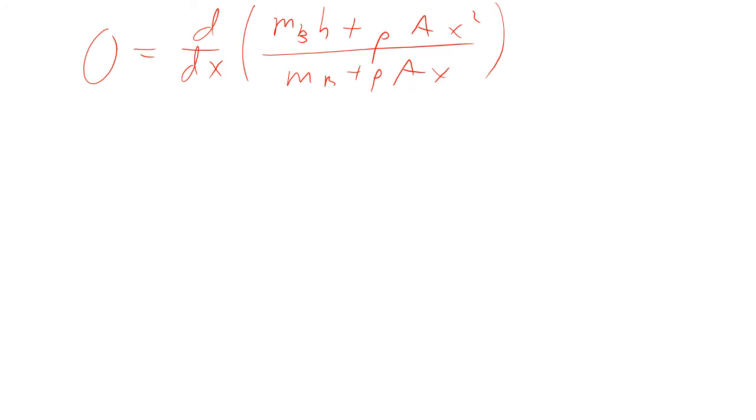So for the quotient rule, what we do is we take the derivative here. It'll be the bottom times the derivative of the top.